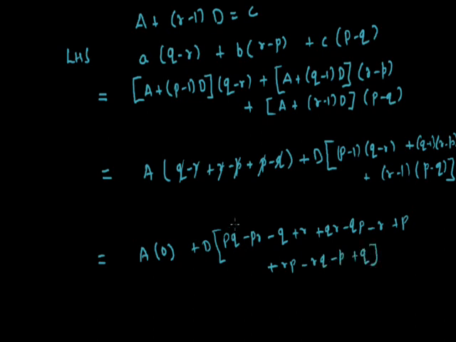Now this pq is cancelled by this pq, pr cancelled by pr, minus q here plus q, qr minus qr, plus r minus r, plus p minus p. So this will again become 0. So A multiplied by 0 plus D multiplied by 0, this is equal to 0, RHS. This is what we have to prove.